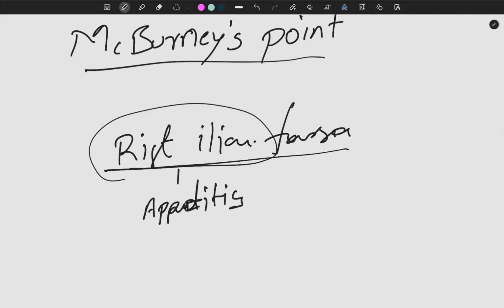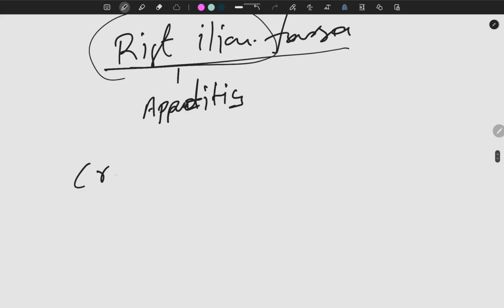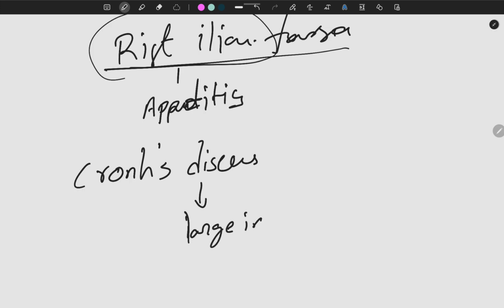The next important point is Crohn's disease. So what is Crohn's disease? It is a disease of the intestine. It can occur in any layer of the wall, anywhere in the GI tract from the mouth to the anus.